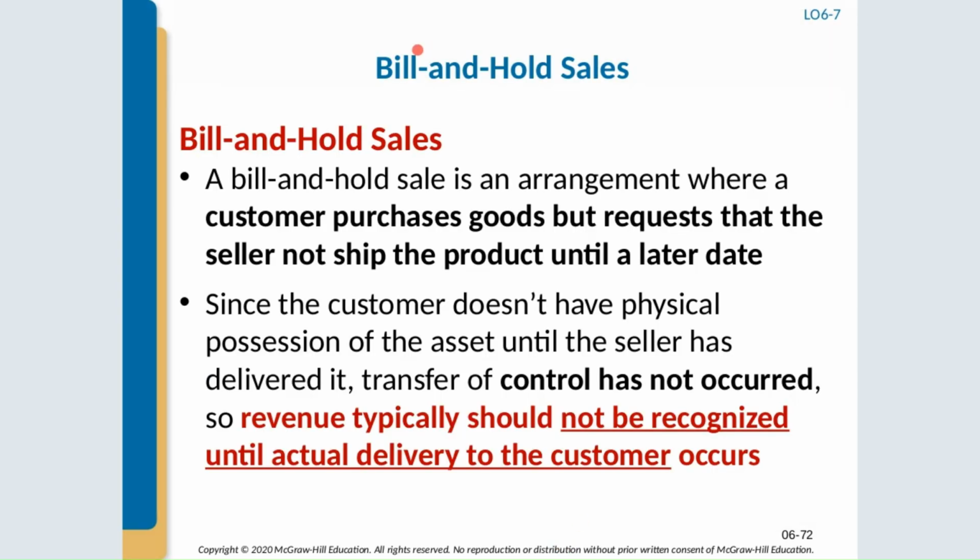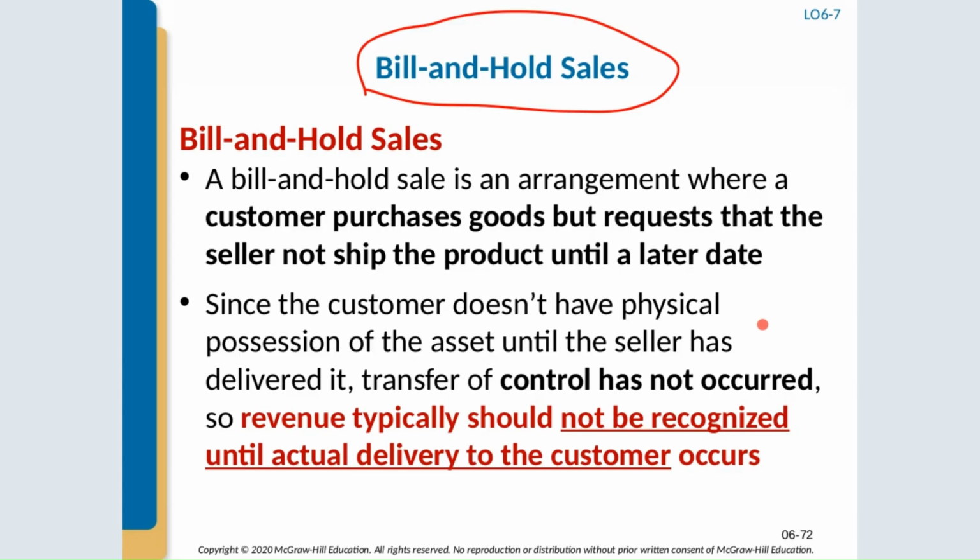All right. Bill and hold is basically when the customer, or actually we're talking about merchandisers, right? Let's say we have a retail company that goes to the wholesaler and says, I'm going to buy 10 boxes of these white t-shirts, but don't deliver it to me yet.